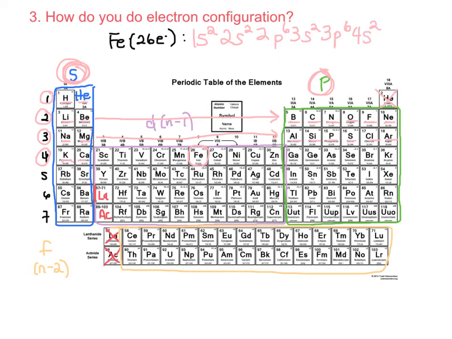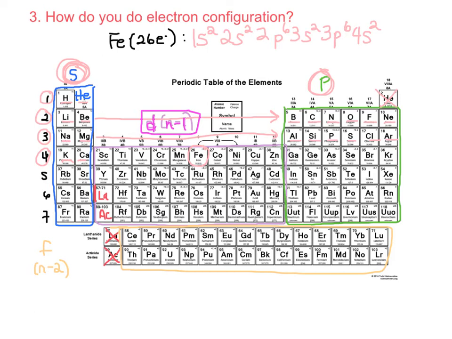So now here's where it gets a little bit confusing. You're going to have to mark this up on your periodic table as well. When you get to this D block in the middle, remember I told you that D is n minus 1. So what that means is that when you get to the D block, the rows are numbered 1 back from the row that you're in.